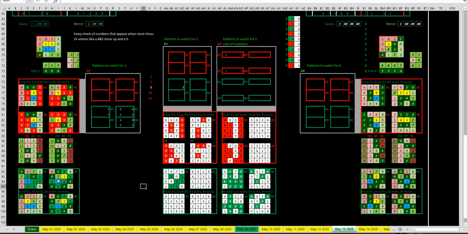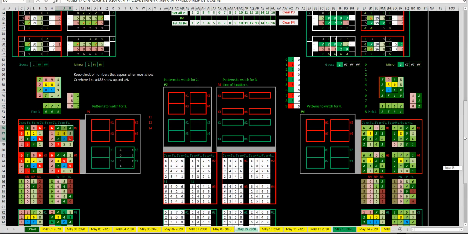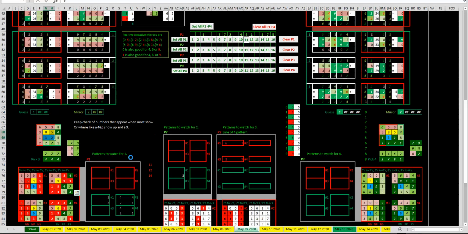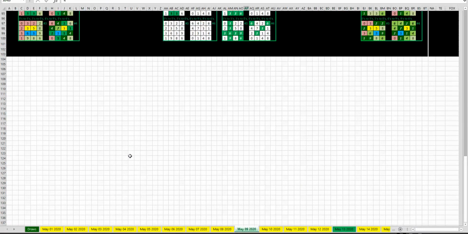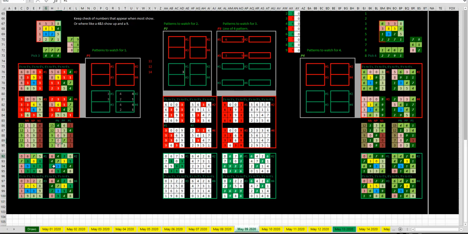Okay, it was set 5, which this one and this one were the same as pattern, sorry, set 11 here. And in the exact same spots, 2 and 4 on the positive side.